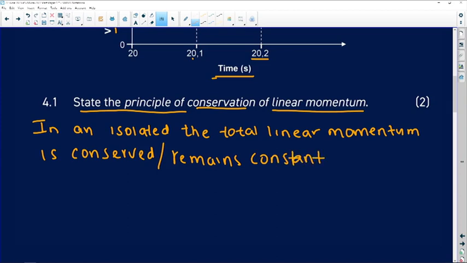So in the exam, if you say in an isolated system, the total linear momentum is conserved, you are correct. Or you can say in an isolated system, the total linear momentum remains constant, you are correct. You get your 2 marks.